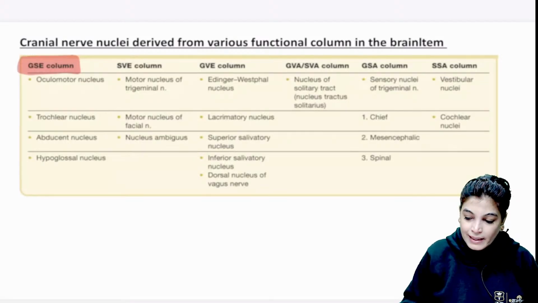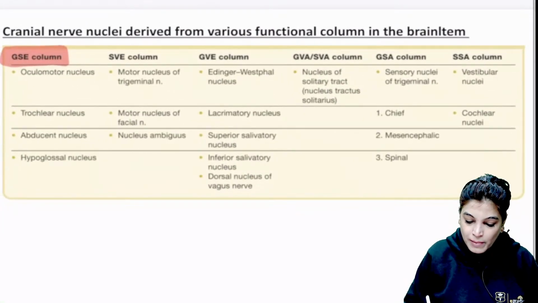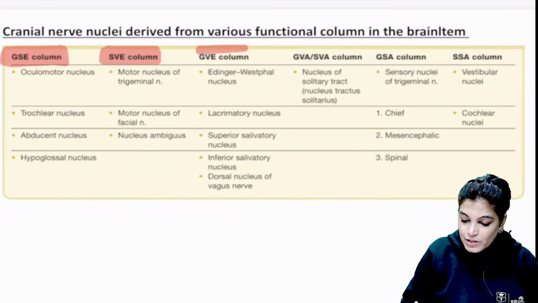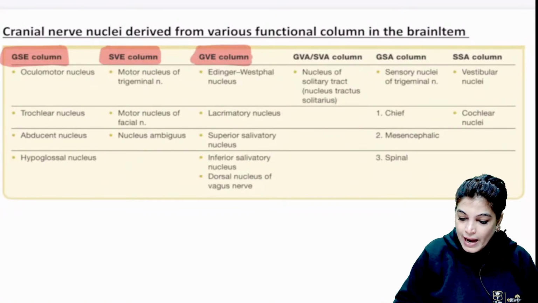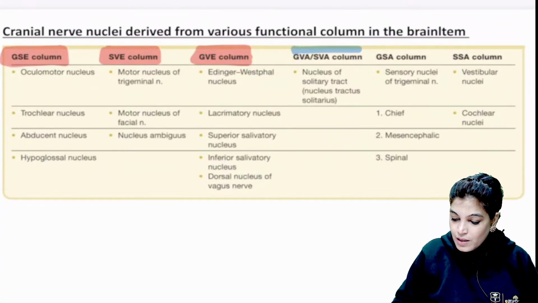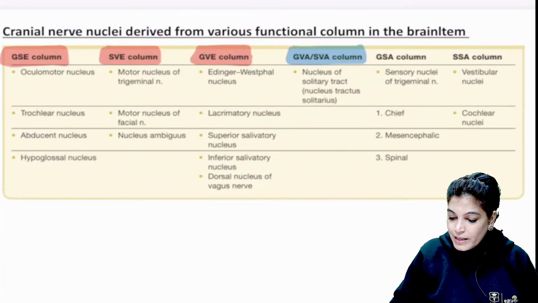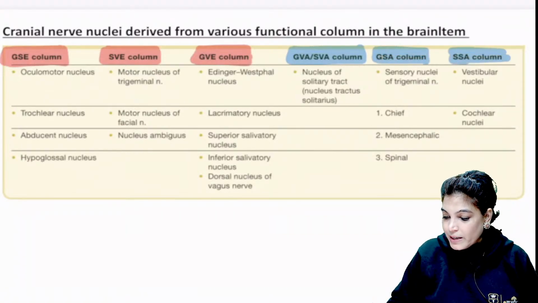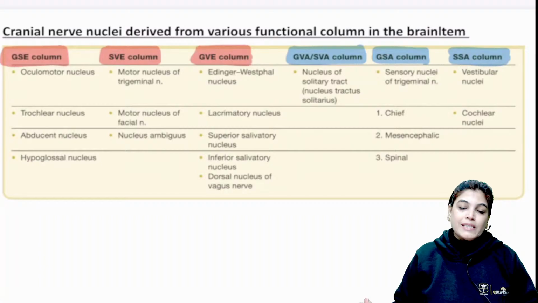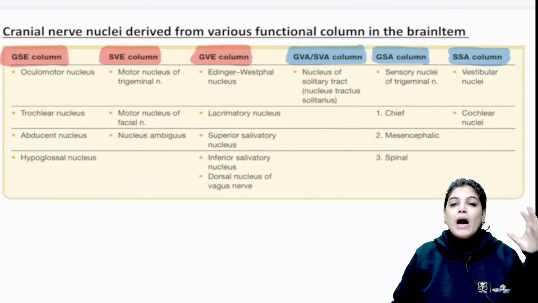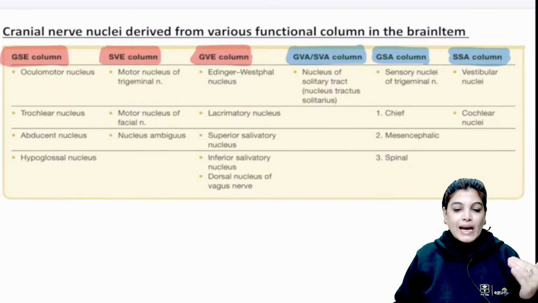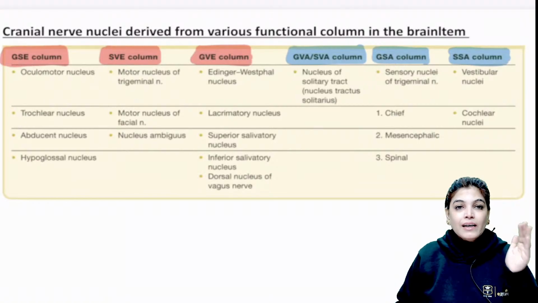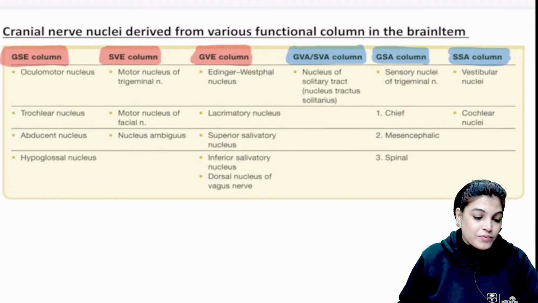General somatic efferent column, special visceral efferent column, general visceral efferent column, and then we have general visceral afferent, special visceral afferent, general somatic afferent, and special somatic afferent. Now a total of 7 functional columns are formed. I want everybody to understand the cranial nerve nuclei in each of these functional columns.